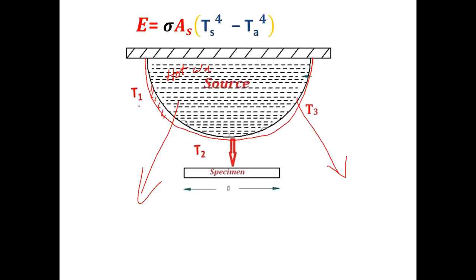Note the average temperatures T1, T2, T3; that you can take as the source temperature. The moment you insert the specimen into the apparatus to absorb heat energy, at that point you note down the sink or ambient temperature at zero time.